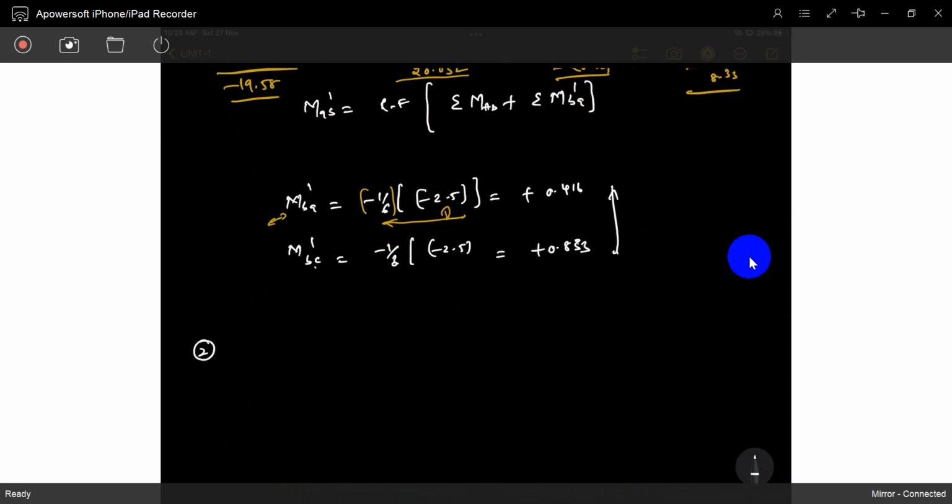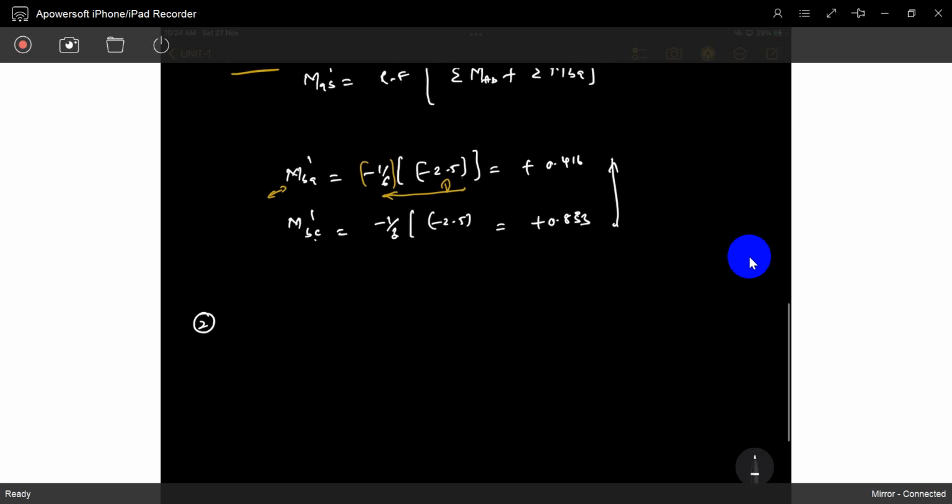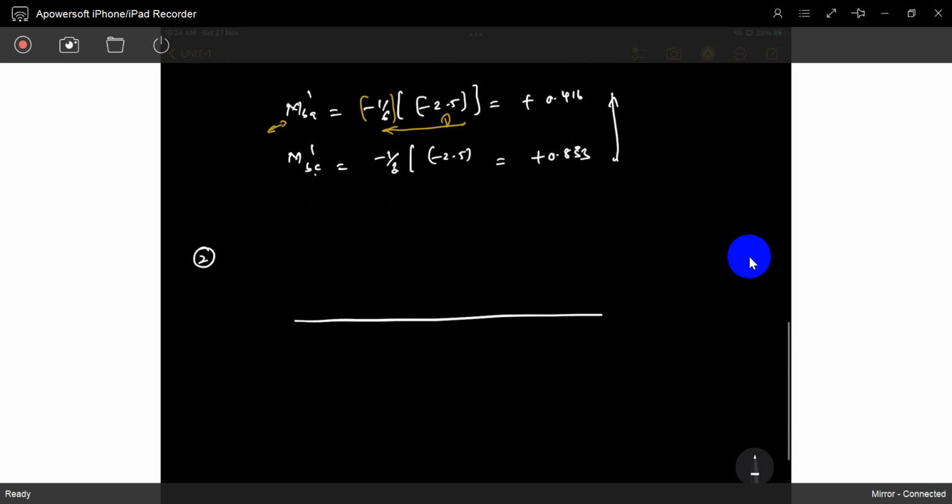One end is hinge. So next problem I will solve. Every module I will solve some one problem.